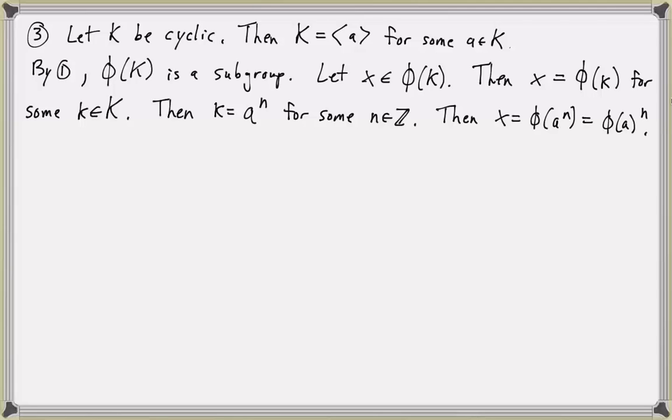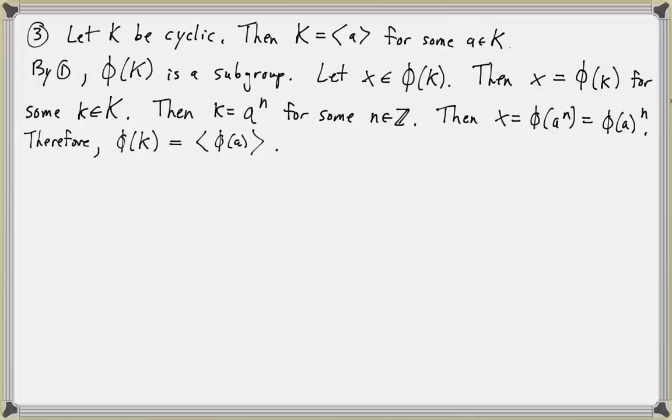So we see that any element of the image of K can be written as an integer power of phi of a. Therefore, the image of K is actually generated by the image of a. So this is a cyclic subgroup generated by the image of a. We see that the image of K is cyclic.